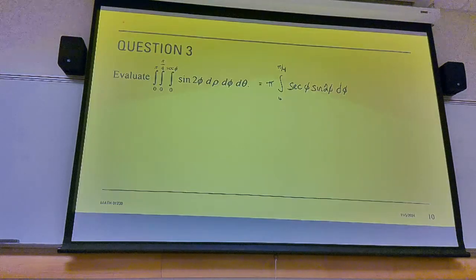How are we going to evaluate that? I'll rephrase that because I know how I would do it. How would you evaluate that? True, but that's sine of 2 phi, not sine of phi. It'd be sine of 2 phi over cosine of phi, which doesn't help. Actually, it does.